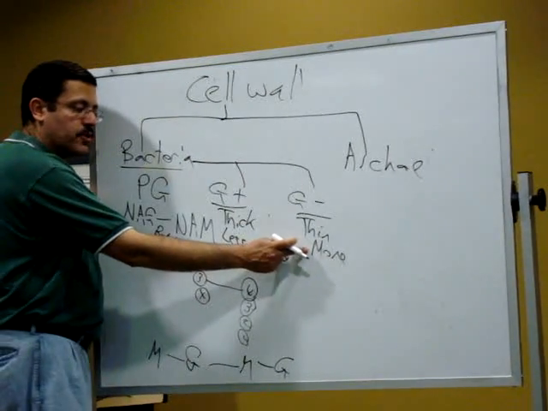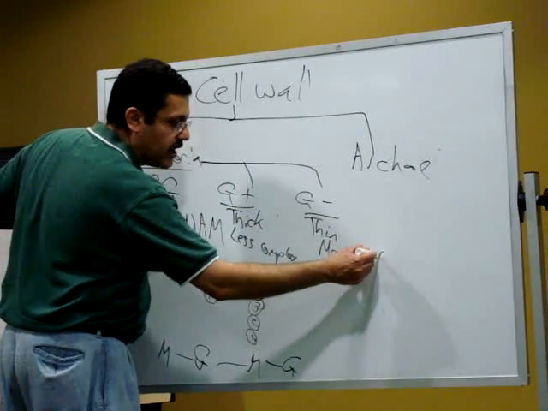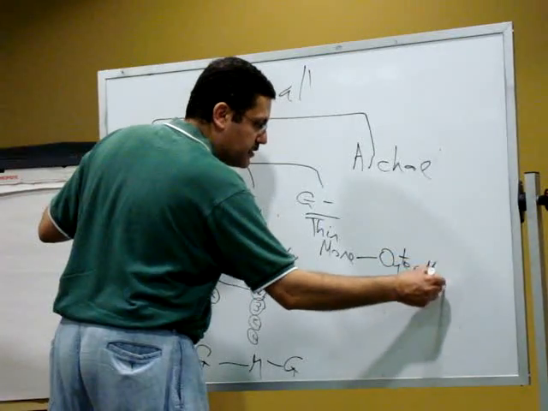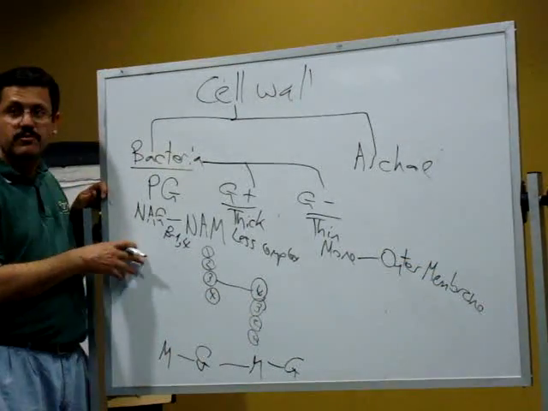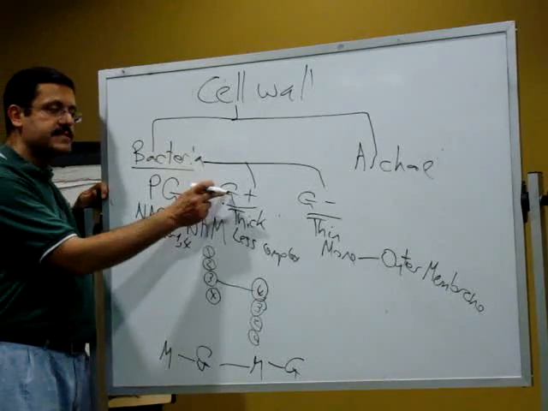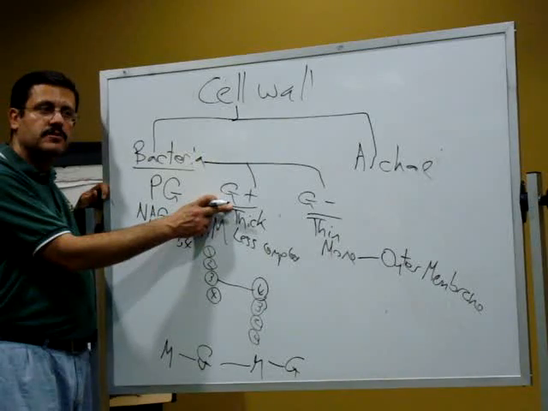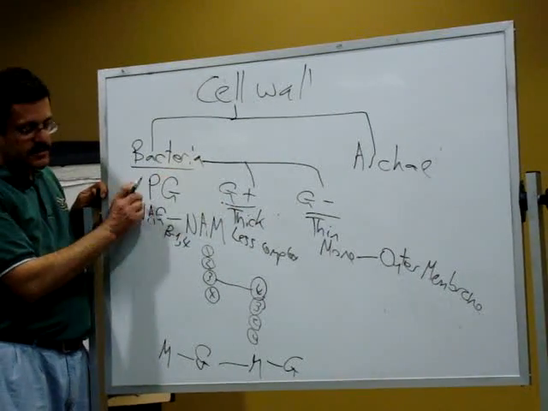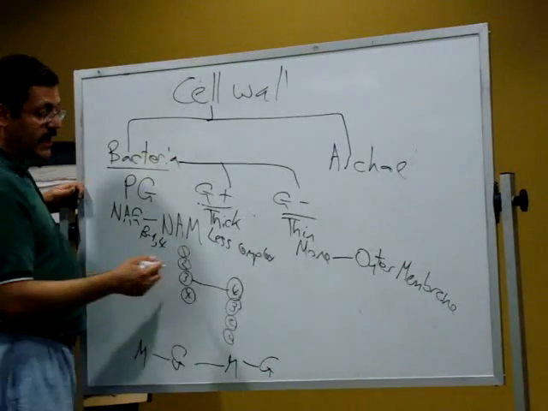Now why is this more complex than this? Because this one has the outer membrane. And I'll go into that in a second. But any questions? So what has the gram-positive got that the gram-negative doesn't? What structures do you remember? Starts with a T. Teichoic acids, exactly.